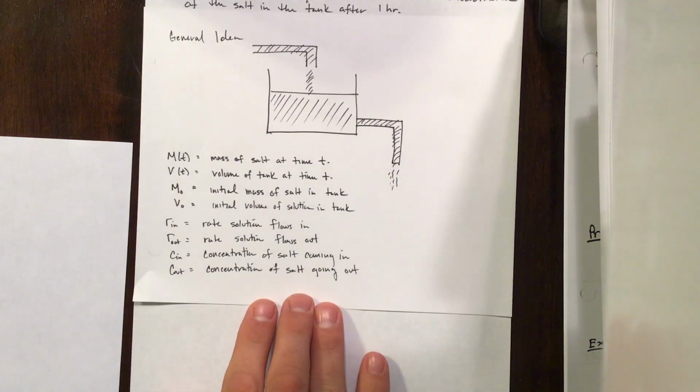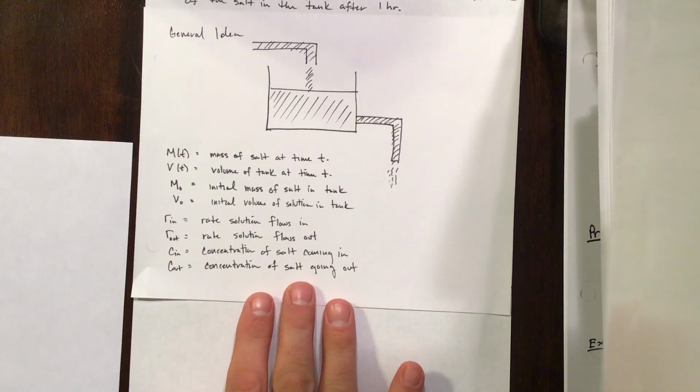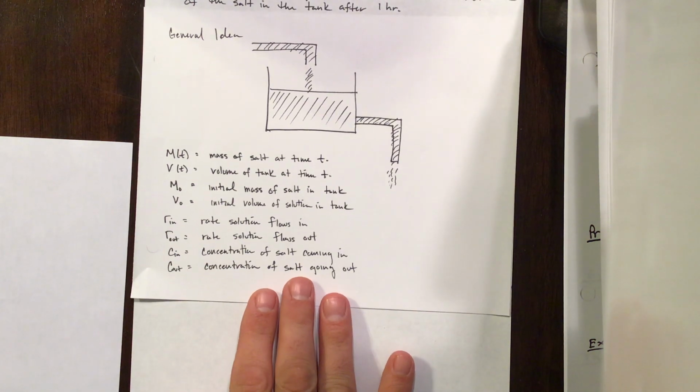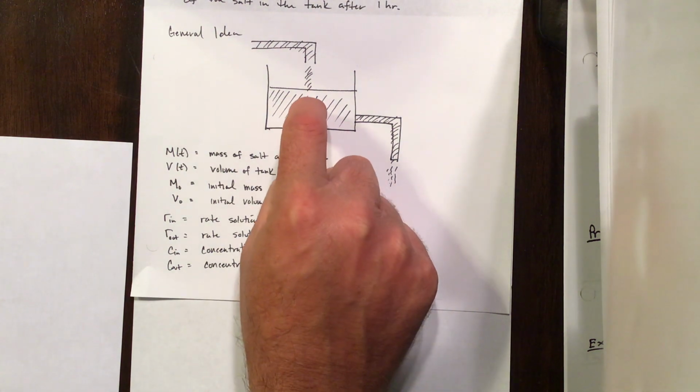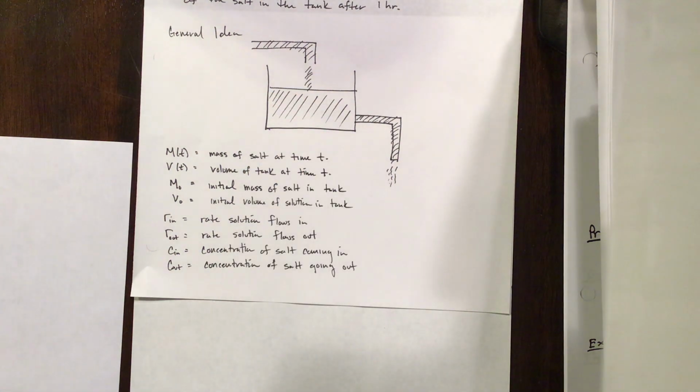Now because these problems are very consistent, there's going to be some measurements that are super important. One is the mass of the salt at any given time, so the mass of the salt that's actually in the tank. Then the volume of the liquid that's in the tank. I'm calling it salt for today's lecture, but it could be any chemical.